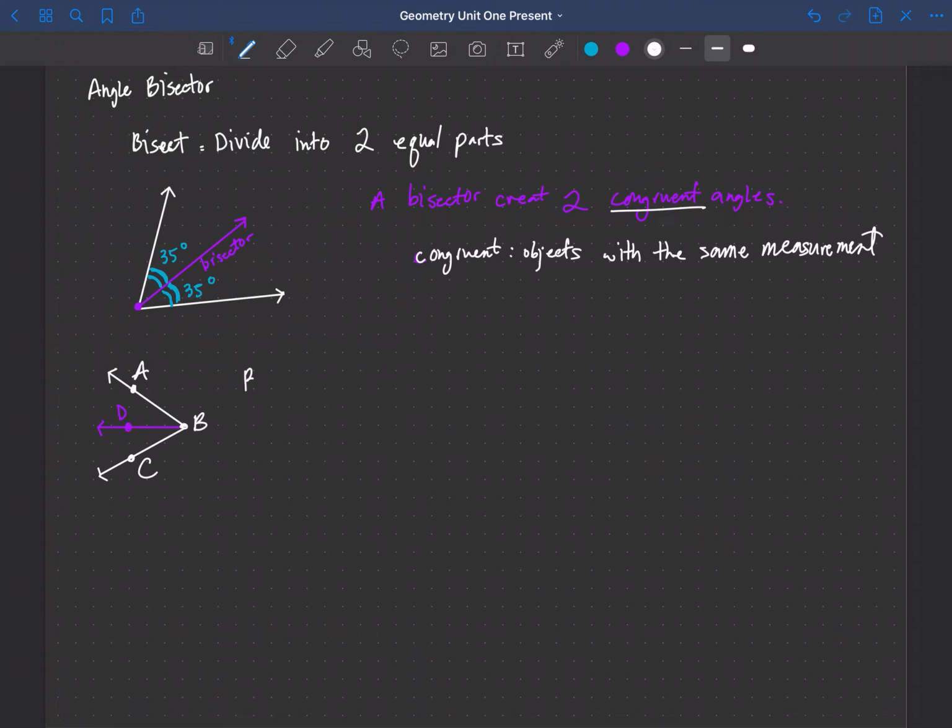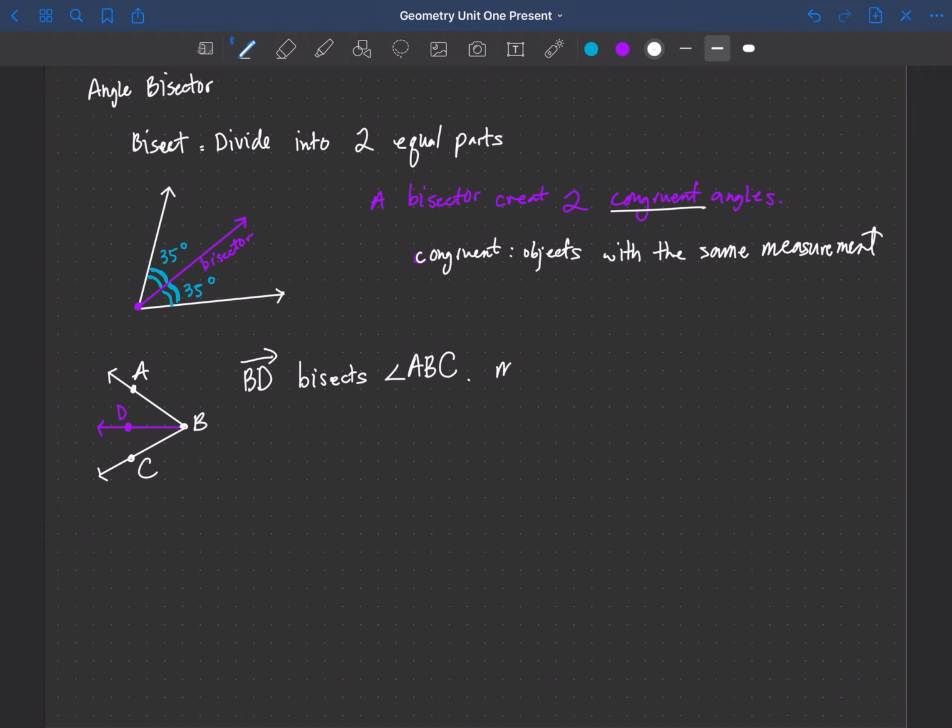Okay, so BD, I'm calling it a ray, so ray BD bisects angle ABC. Okay, so I'm telling you that this purple line will bisect ABC, meaning it will split it into two equal parts.